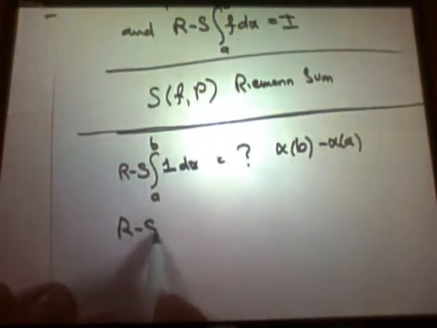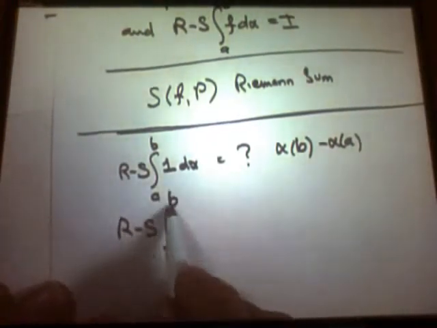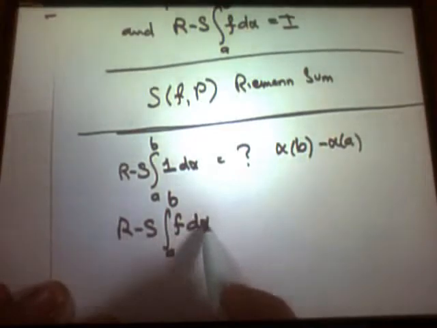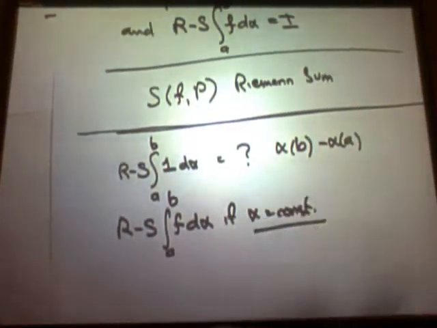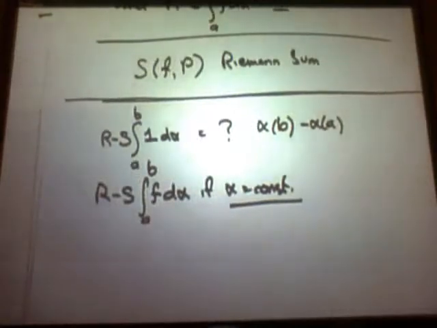What is this if alpha is a constant weight? Don't think of alpha as a density. Think of it as the cumulative weight from the origin. Right? It's not a density, like a probability density function.